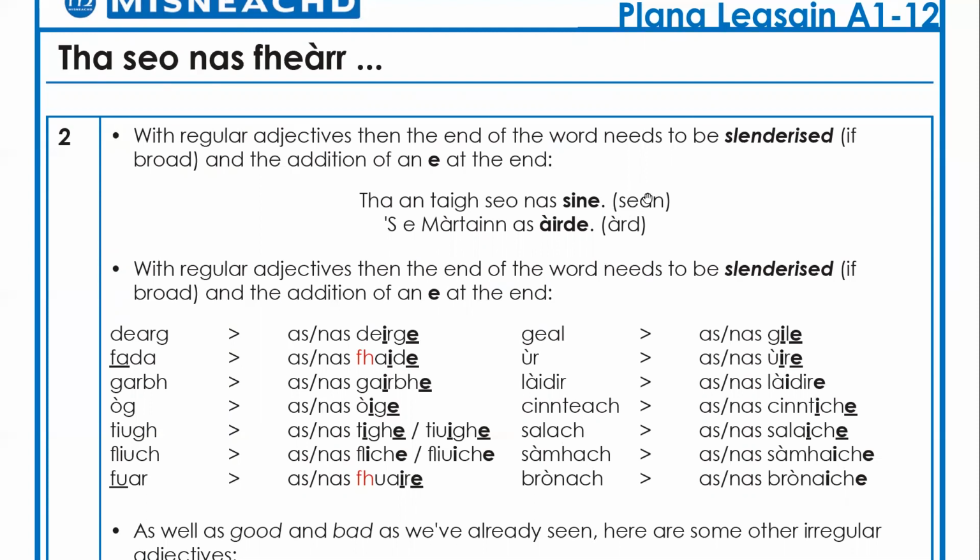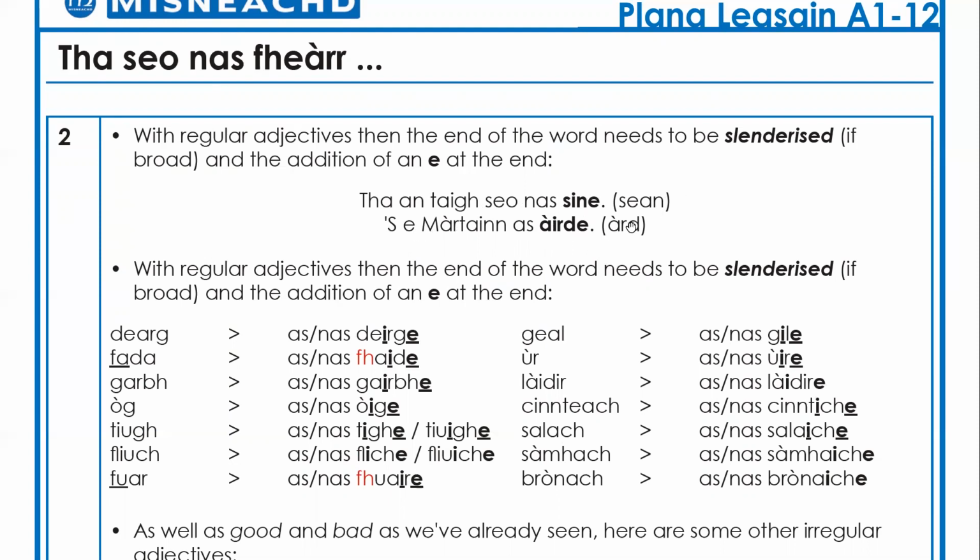So we do see that with some of the shorter adjectives where we have a single vowel sound and it's a broad ending, they need to be changed, and they appear to change more because they're so short. It can be hard to recognize what the original adjective was, even though they're following the regular rules. So there are a few like that.